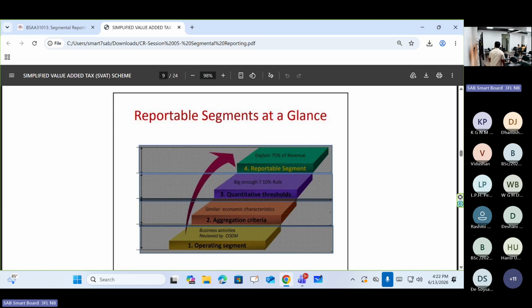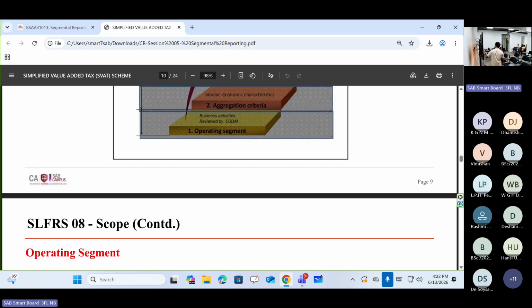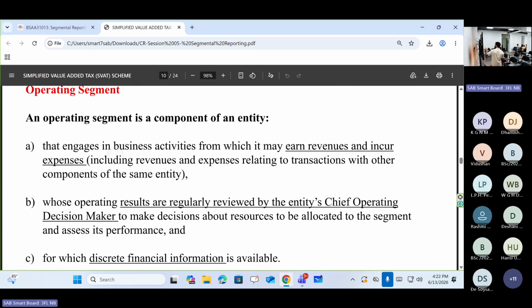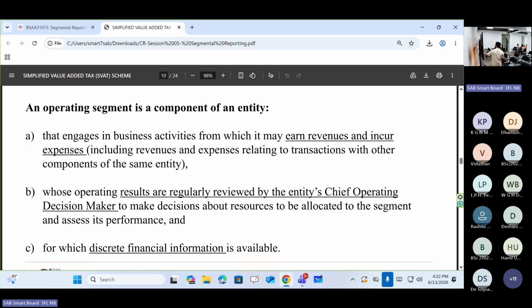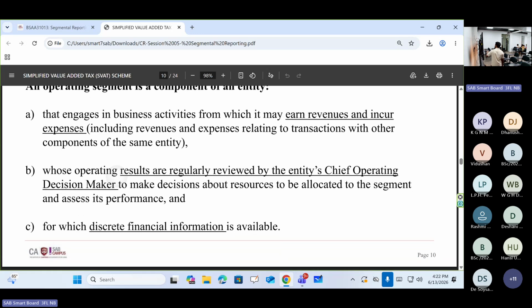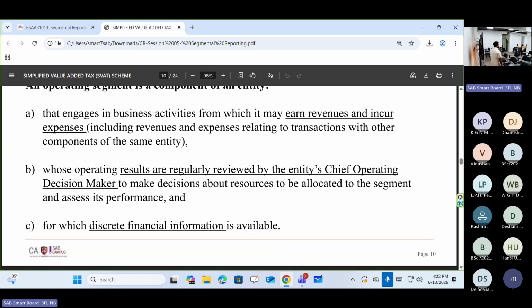So these are the steps I discussed: operating segment, aggregation criteria, quantitative threshold, reportable segments. What is an operating segment?